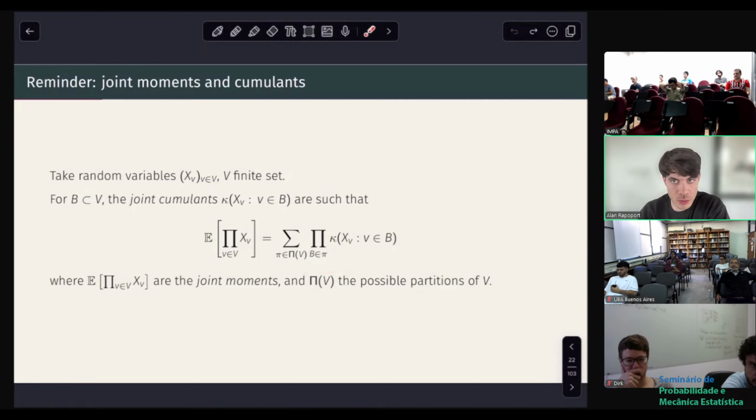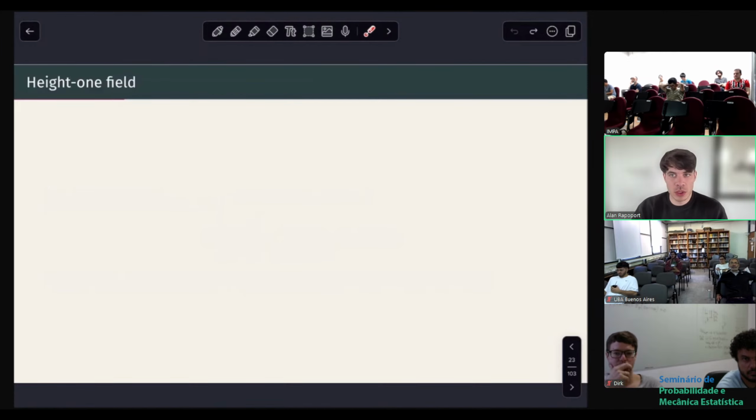It is a matter of permutations, just a sum of products of them. So we will eventually give the joint moments or the joint cumulants, which is pretty much giving the same information. It's out of convenience which one we will write.